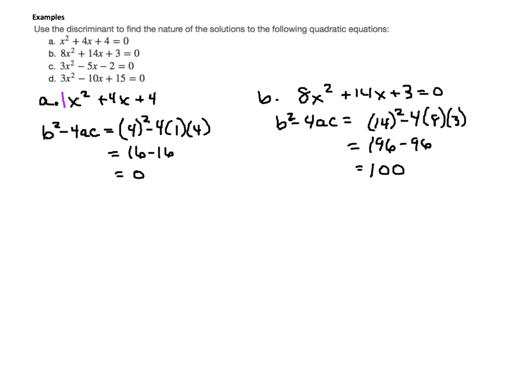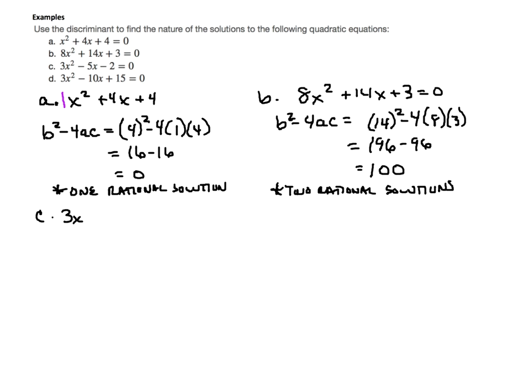So when you have a discriminant that's greater than 0 and it's a perfect square, you're going to have two rational solutions. By the way, when you get 0, you've got one rational solution.